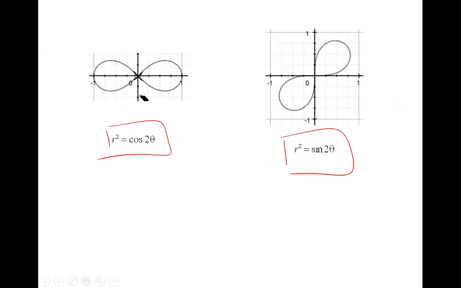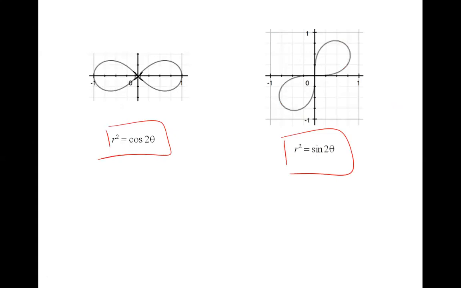For this one, I just want you to remember that r squared equals cosine of 2 theta is kind of like a half of this flower. I'm not going to go into the even, odd, and the other one, it's too complicated. We just want you to know this one.